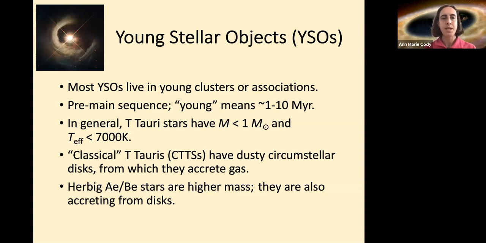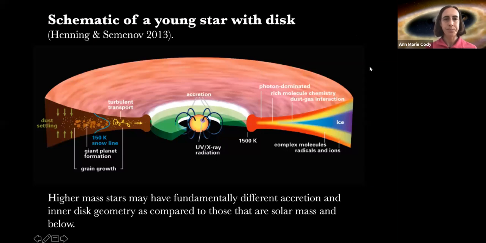So many of these young stars have circumstellar disks, which they eventually disperse. Let me show you a schematic that you can keep in mind of a young star with a disk. We see the YSO in the center, and it may have a magnetic field. Here is a simple version of that shown in blue.